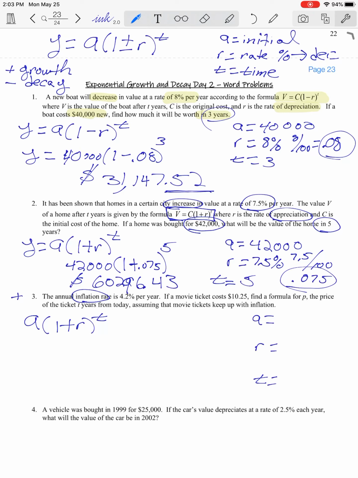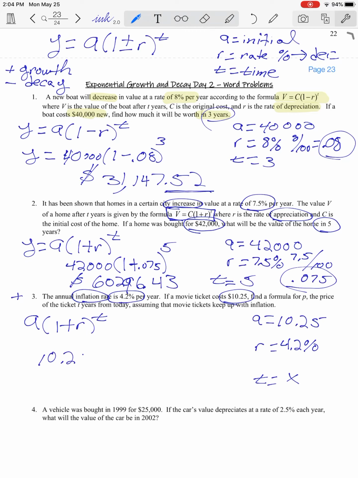Welcome back. Number 3. The annual inflation rate, there it is, 4.2%. I'm going to write that down. The movie ticket costs $10.25. So that's my initial. The price of the ticket, T years from today, if the movie keeps up with inflation. Now, if you notice, they gave me no time. So what I can do is call it X. All they want is the equation here.